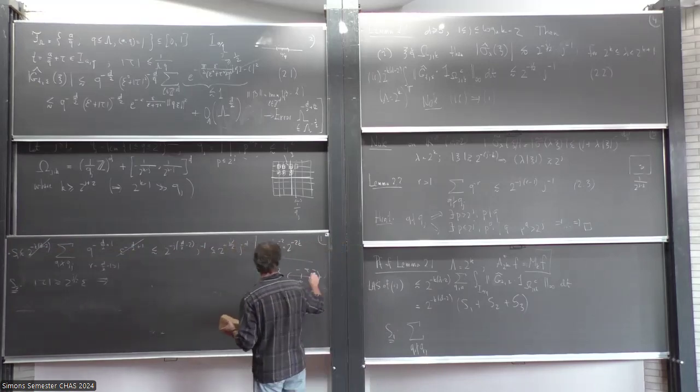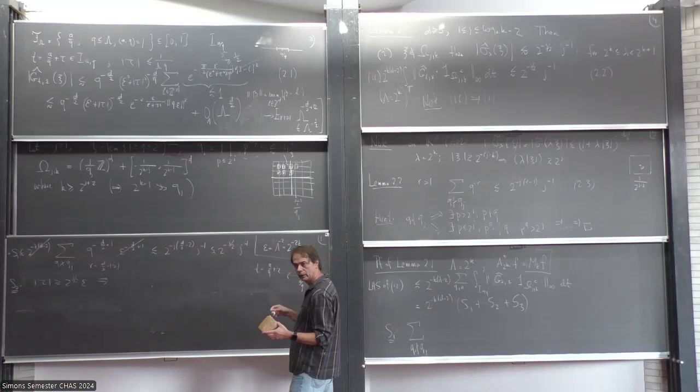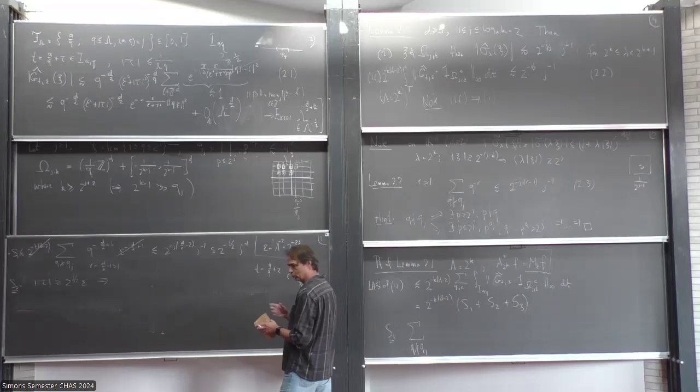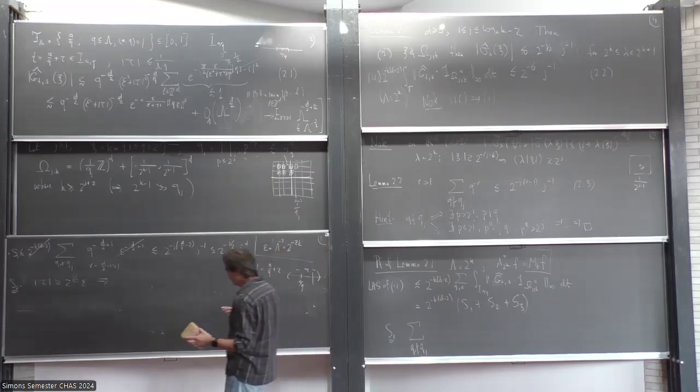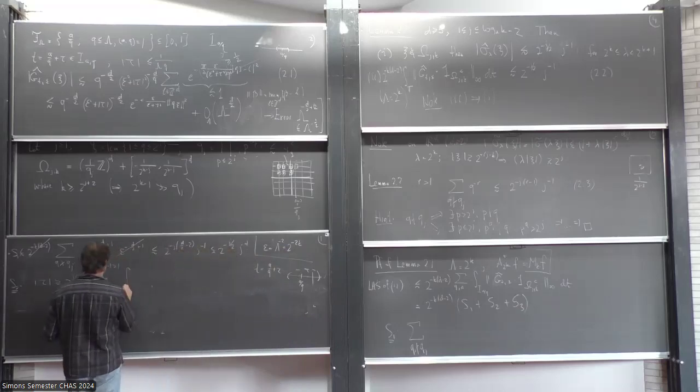Even on this interval, it could be much bigger than epsilon, because epsilon is 2 to the minus 2k, and then this 2 to the j is logarithmically small with respect to it. But then in the integral, tau is bigger than 2 to the j over 2 epsilon.